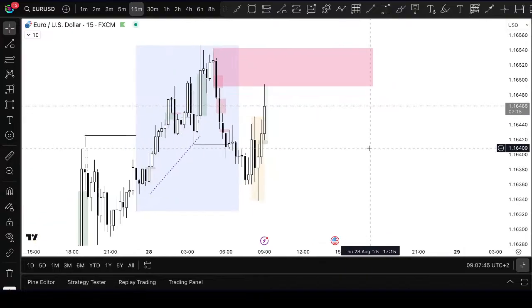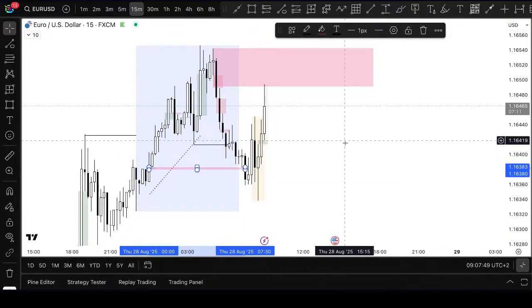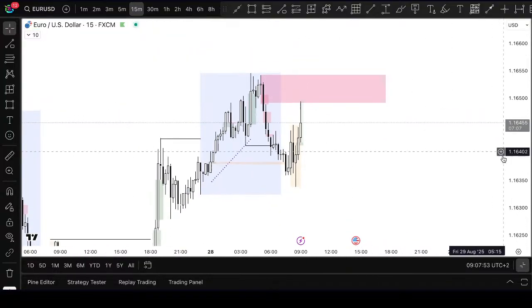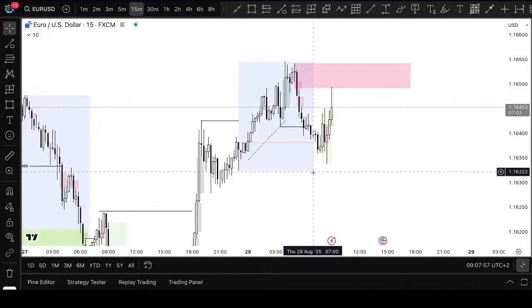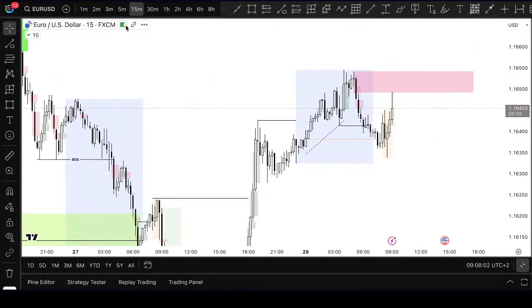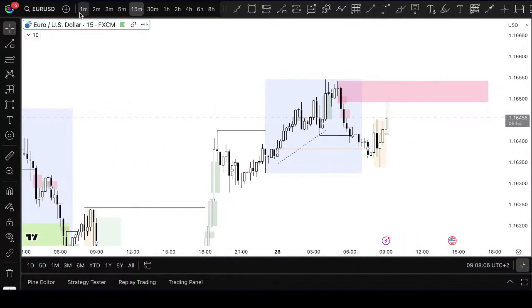We have a small FVG down here, got respected, and gave a strong move to the upside. Now my question is, we have a bullish structure, a bullish FVG in the 15 minute time frame, and here we touched here.